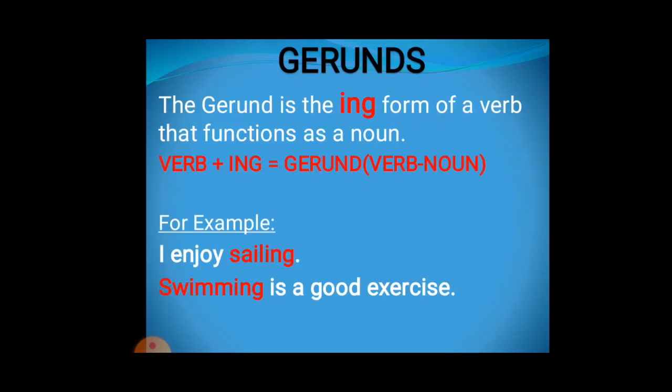See the example. I enjoy sailing. Swimming is a good exercise. So here sailing, swimming, these are all nouns. So we can also call it a verb noun because they are formed by adding ing after the verb.